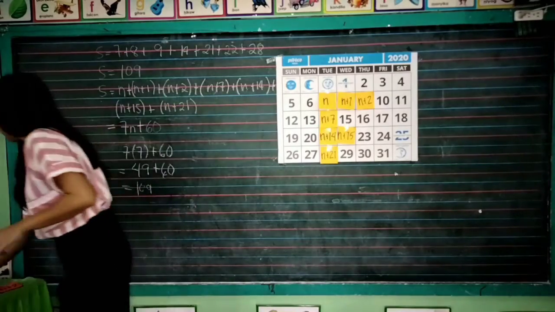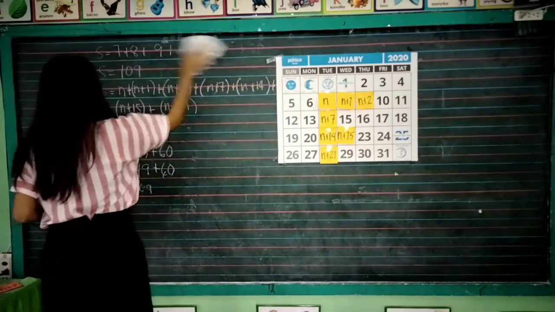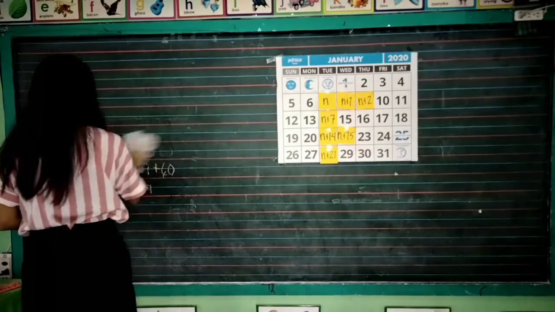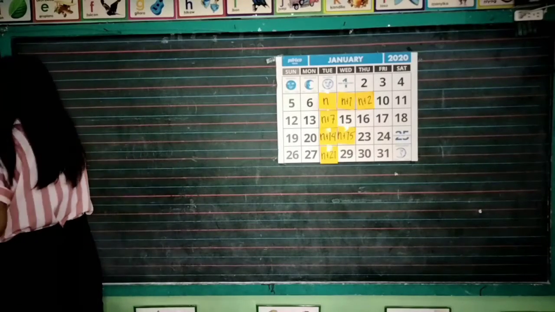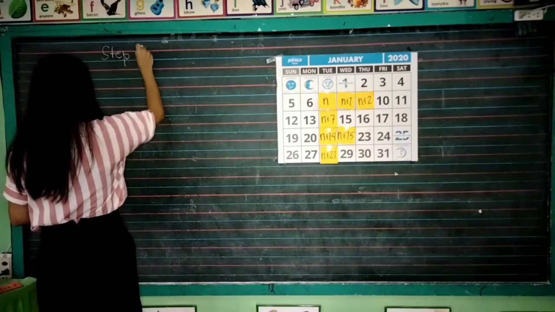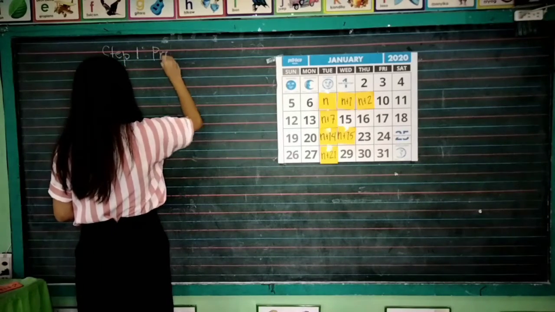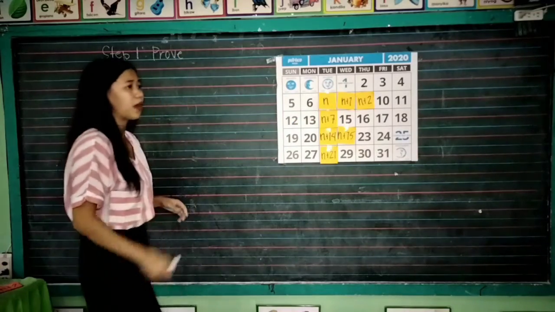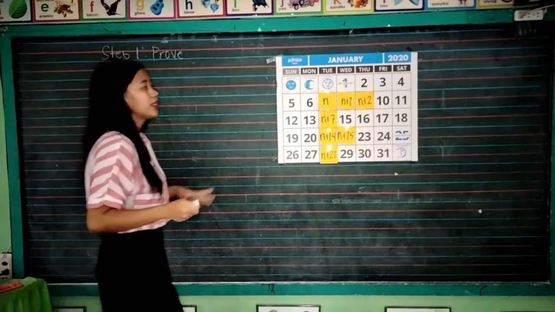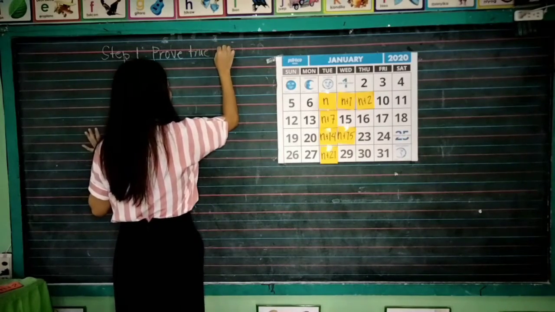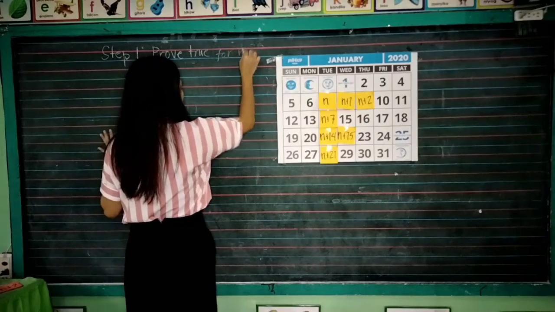So let's do the first step. So step 1, yung ginawa lang natin kanina. Prove true for n is equal to 7. Bakit 7, ma'am? Kasi po, kaya 7 yung ating prove true for n is equal to 7.